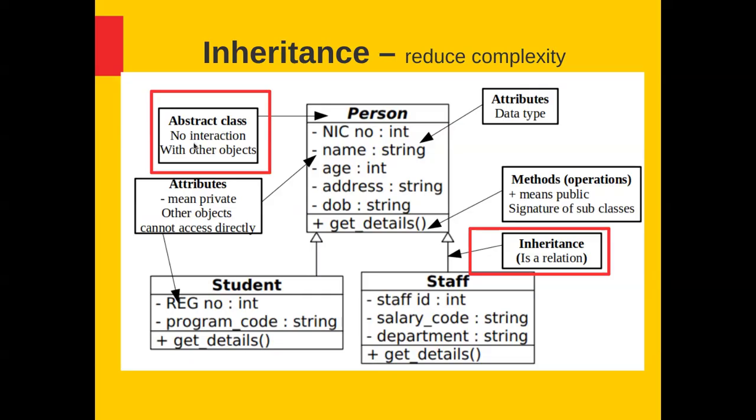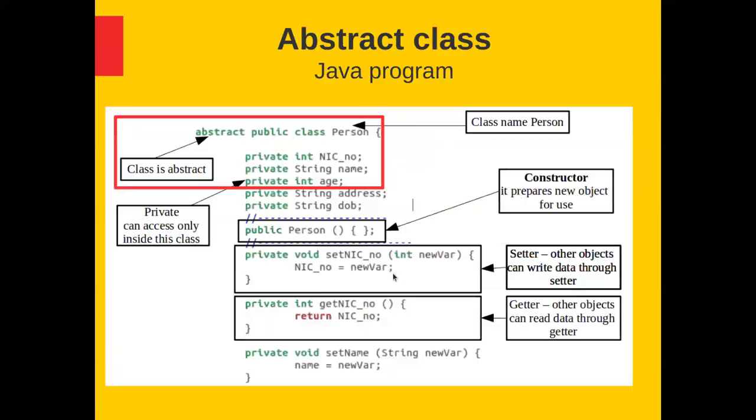There is no interaction with other objects, but the system interacts with student and staff, not person. Inheritance is a relationship. Now, using Java, this is a Java program to give that class, the person class.